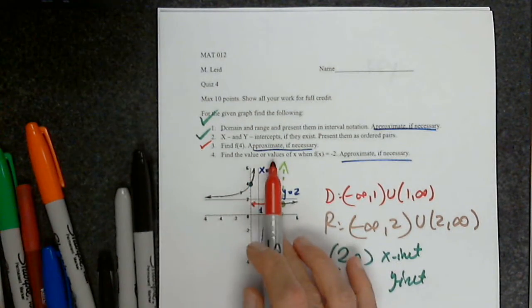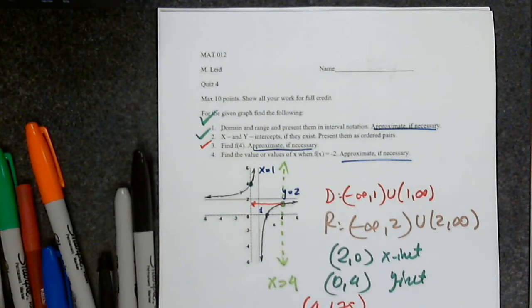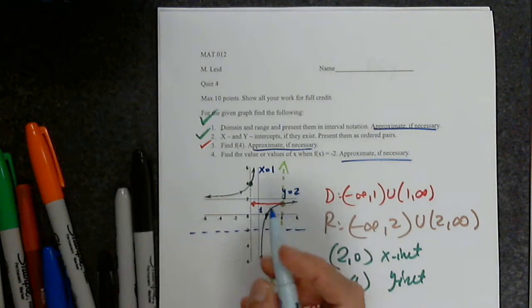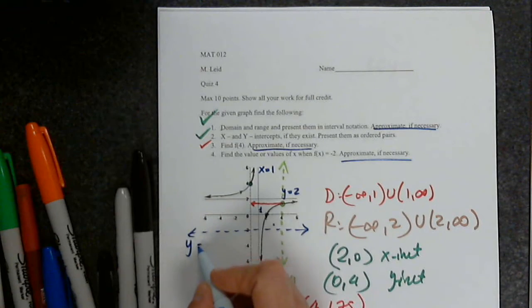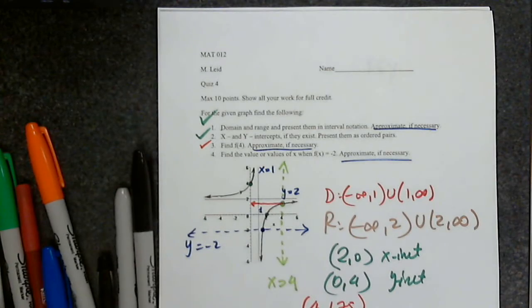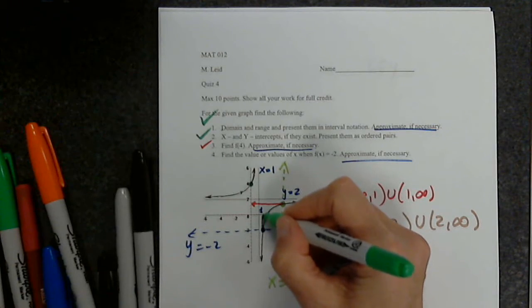Now find the value or values of x when f of x is negative 2. What is given now in this question? The y. So now I have to draw, or imagine I draw, a horizontal line which is y equals negative 2, and I see it crosses the graph of the function in this point. And again, this is not easy to read. I just wanted to see what you're going to come up with.